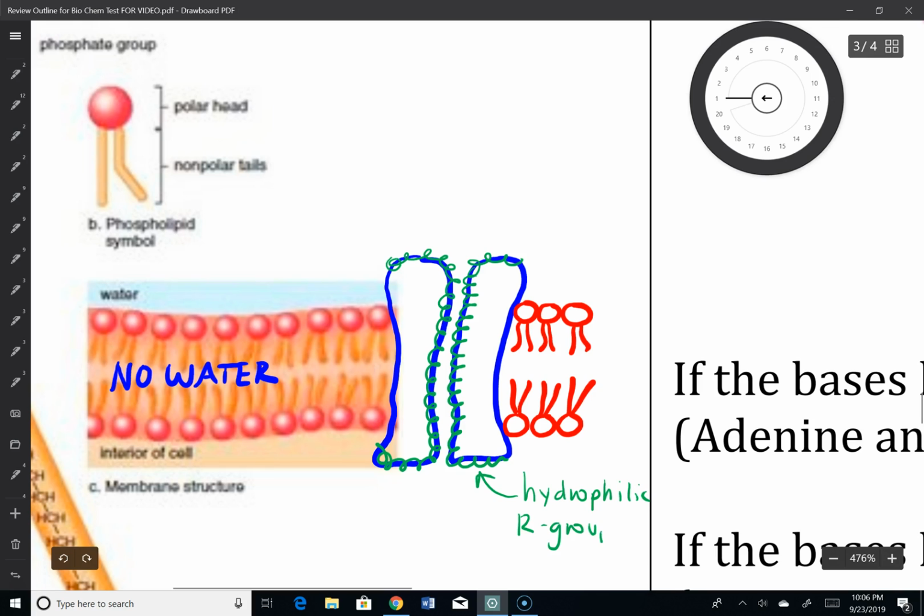And because they are potentially going to come in contact with water, especially if water is the molecule going through, which it might be, those have to be hydrophilic.